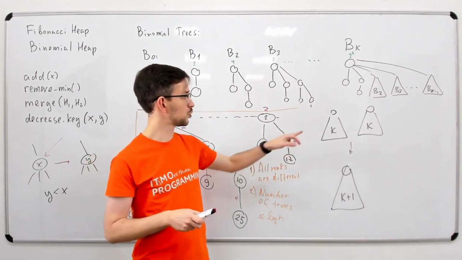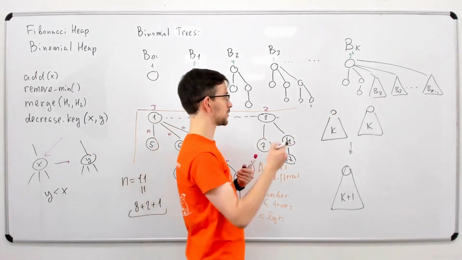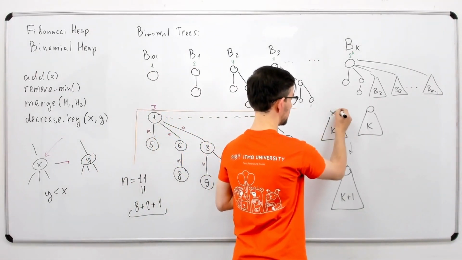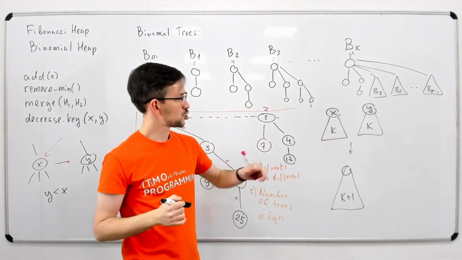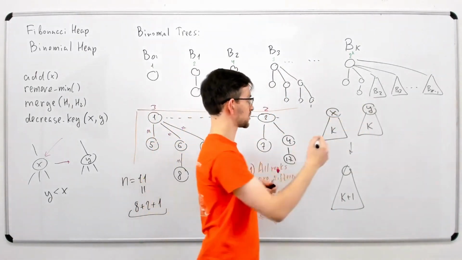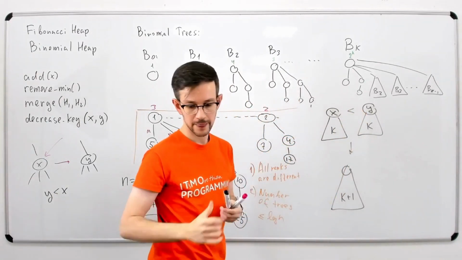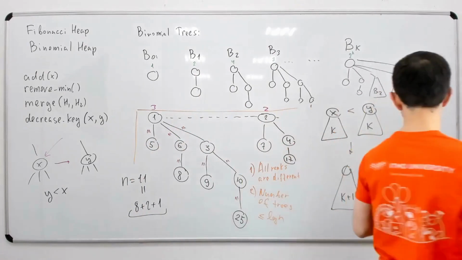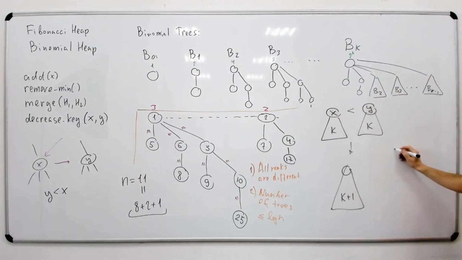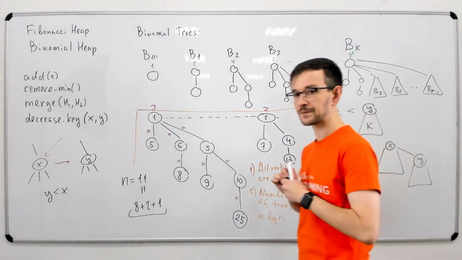It's quite simple. You look at the root elements. So you take these two root elements, say x and y, and check which root is smaller, for example, if x is less than y. Then you take the smallest root and add another child to x.